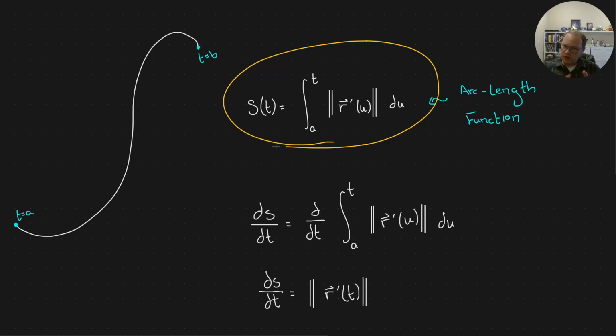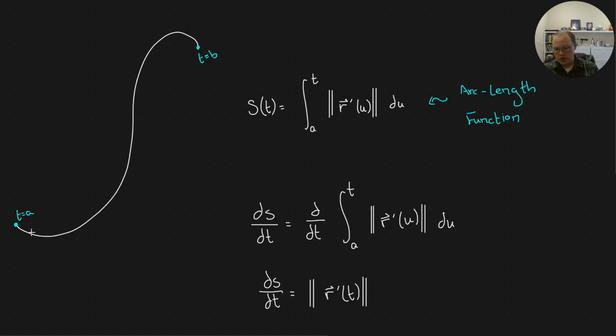Now, we can actually do something pretty cool with this arc length function. One of the things that we're looking at in this section, and I've mentioned it before, we want a way to describe the curve without worrying about the parameterization, how fast or slow we're going, right? This arc length function gives us a way to standardize the parameterization for a curve.